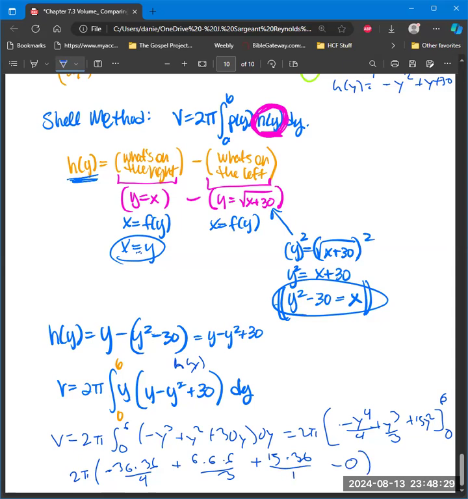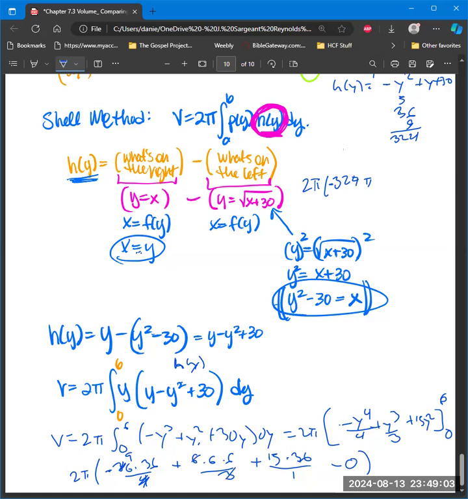That's not so bad if you've got a calculator to help you. I don't off the top of my head, so 2 pi times 36 times 9, 54, 27, and 5 is 32. So 2 pi times 324 pi, that's going to be negative.